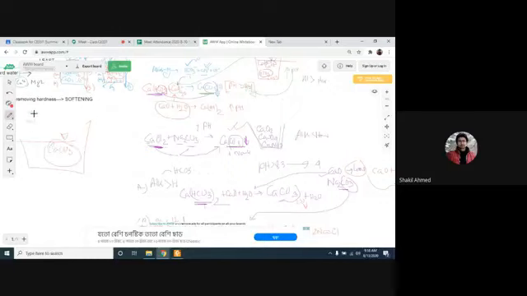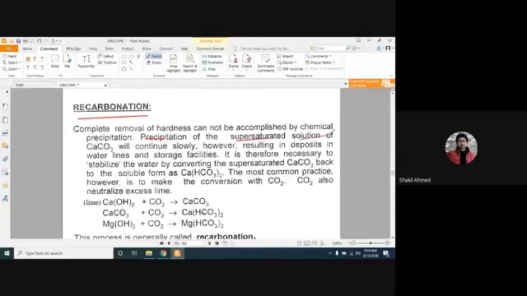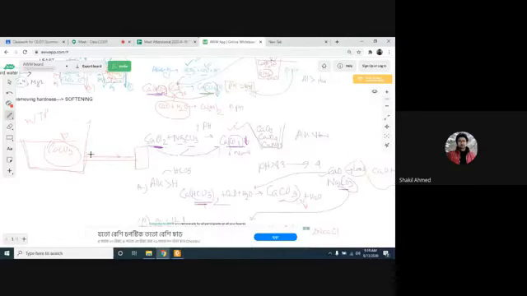Now, if this is your water treatment plant for Dhaka Wasa maybe, and after hardness removal you want to supply it to your home, what happens is that this supersaturated solution of calcium carbonate will continue slow precipitation. That means, whenever you supply it, the slow precipitation will also deposit in the pipeline, and that's the problem because this will eventually clog the pipelines.